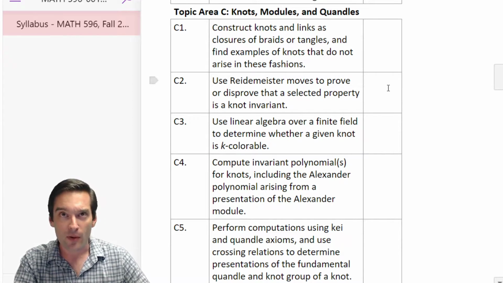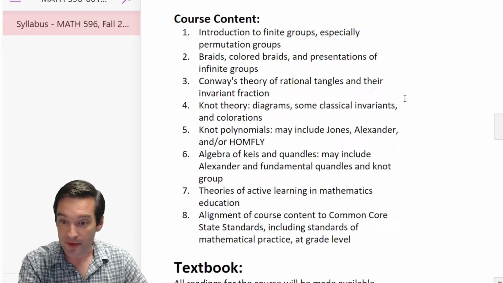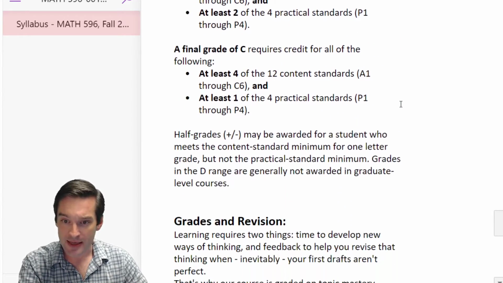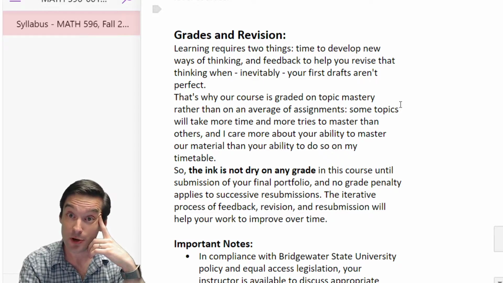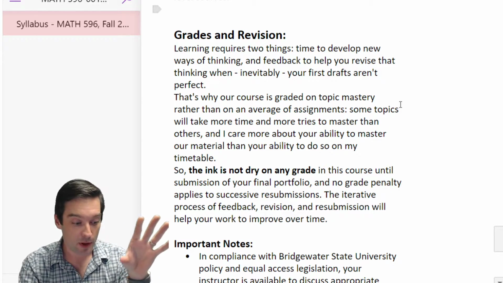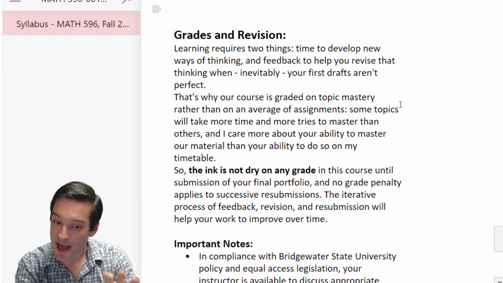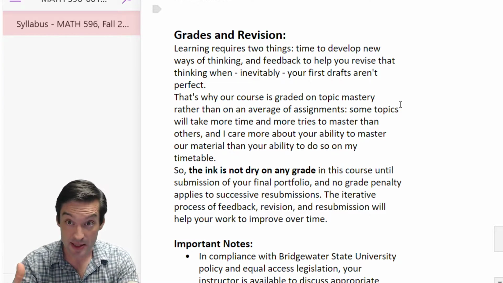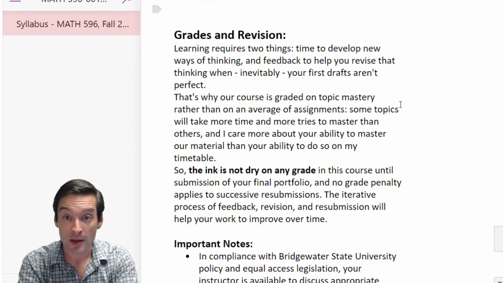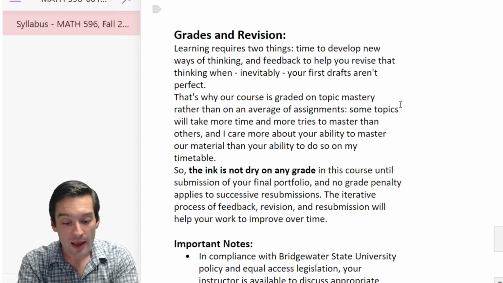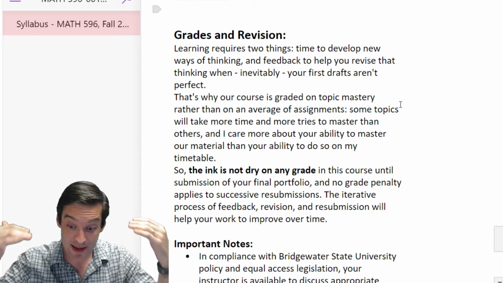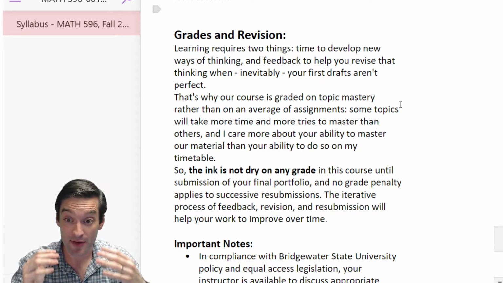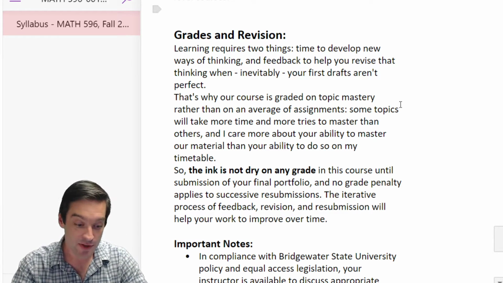The way I explain this is that the ink isn't really dry on any of your grades in the course until the semester is over. Anytime you work on something and I get a chance to look at it, I give you feedback. So this is ideally a very feedback-rich environment. Every time I give you feedback, if your work doesn't quite rise to the level where I can say, yes, you've demonstrated proficiency on this topic, I'll give you suggestions to improve.